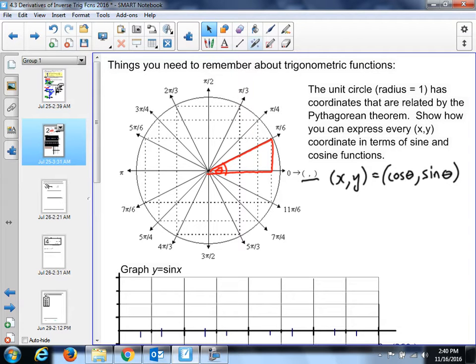This is where the Pythagorean identity comes from. Cosine squared plus sine squared is equal to 1, right? And then the other two variations from that. You guys follow what I'm saying there?